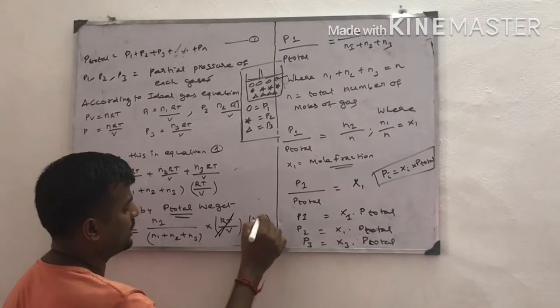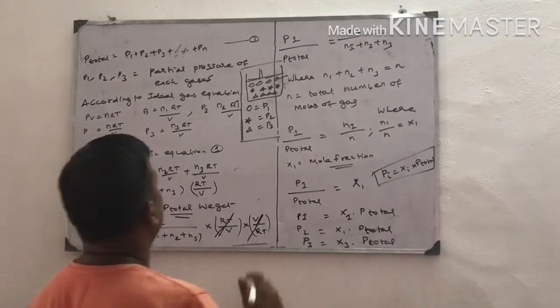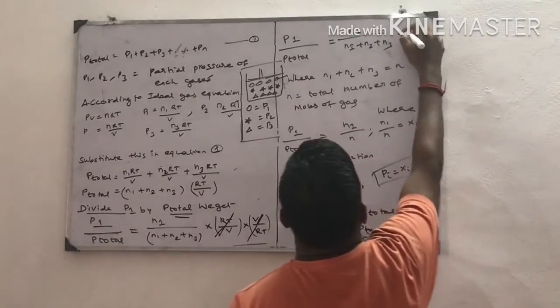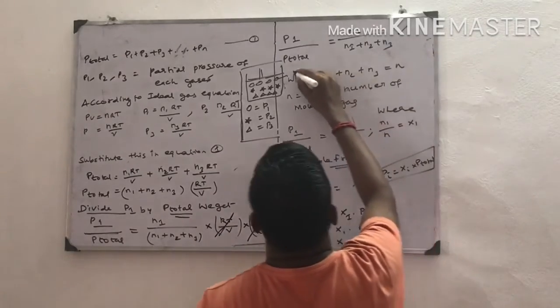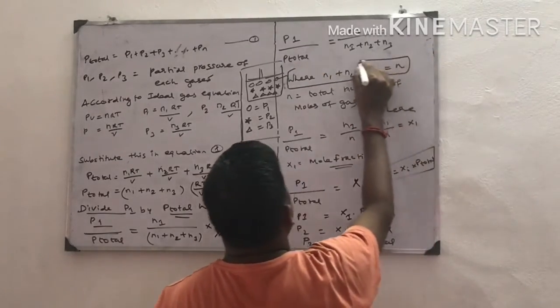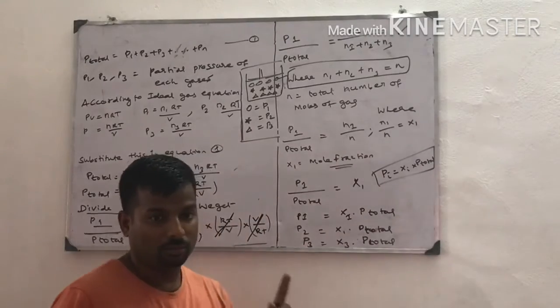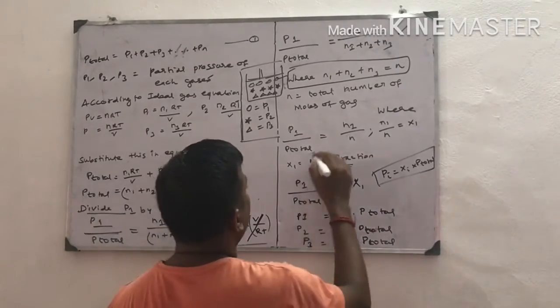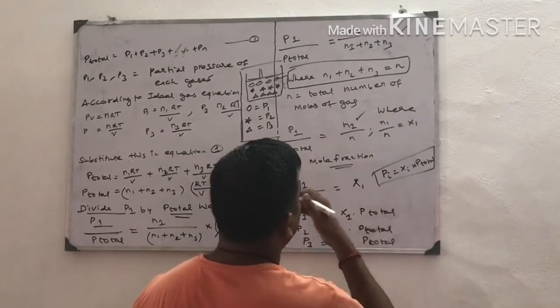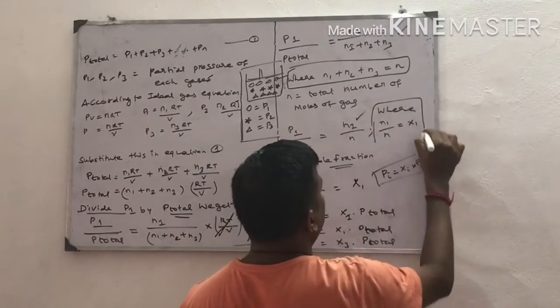So these two cancel each other. Next step, P1 by P total is equal to N1 by N1 plus N2 plus N3, where N1 plus N2 plus N3 is equal to N. What is N? Total number of moles of gas. P1 by P total is equal to N1 by N, that is, N1 by N is equal to X1.